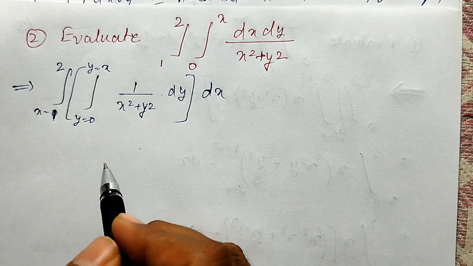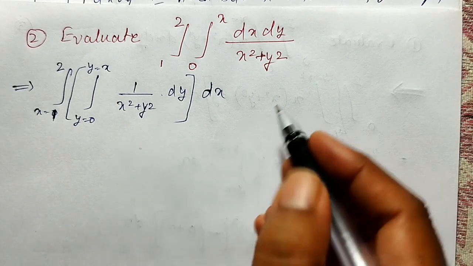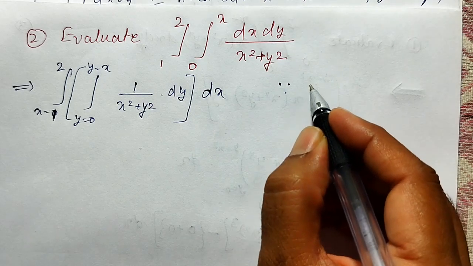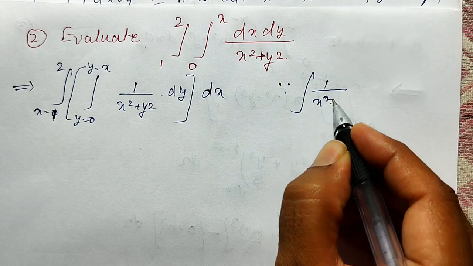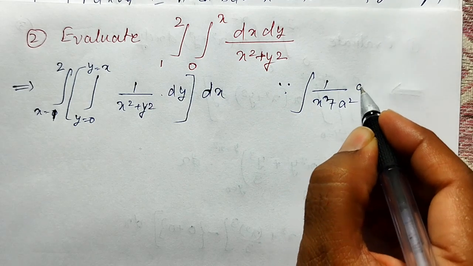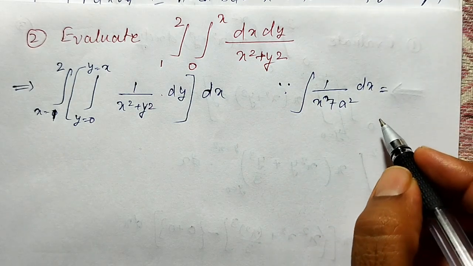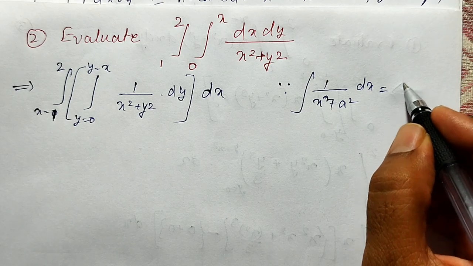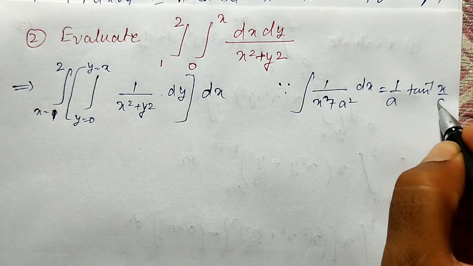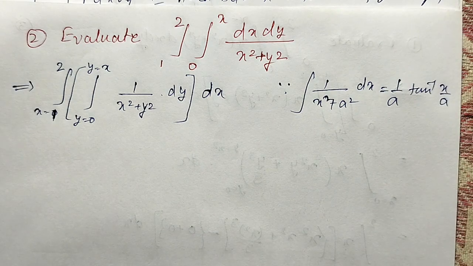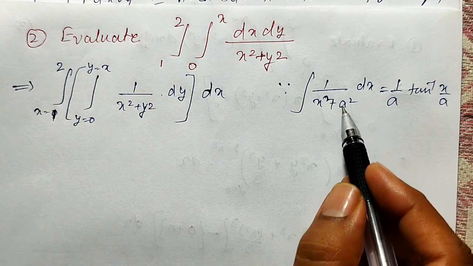Now what is its integration with respect to y? Since we have the result, the integration of 1 divided by x square plus a square dx, we know the integration of this is 1 divided by a into tan inverse of x by a, where we integrate with respect to x and a is constant.